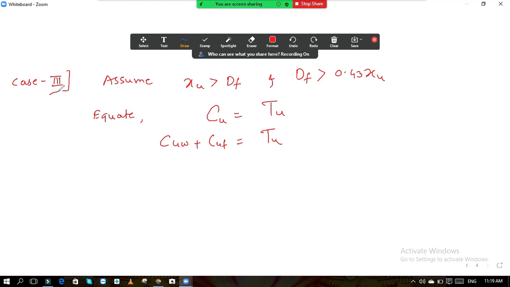But as we are talking about case number 3, what is the major change? We have to replace DF by YF. So if I write over here, the formula will be 0.36 FCK BW into XU, this is my first bracket, plus the second, 0.446 FCK BF minus BW into DF.